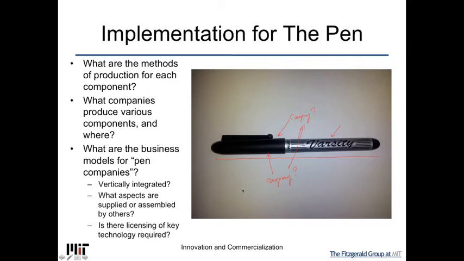Then we mentioned in 4.1 that business model is related to everything we've just said, and we want to ask, what are the business models for the pen company? For example, is it that the companies are vertically integrated?